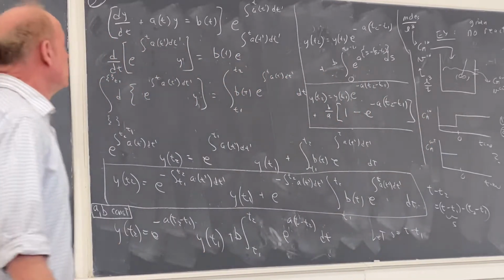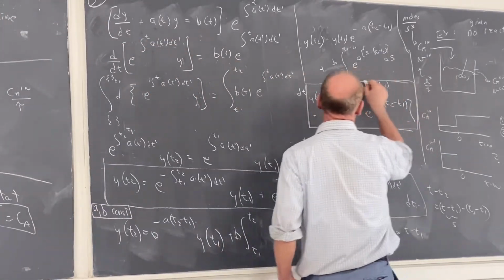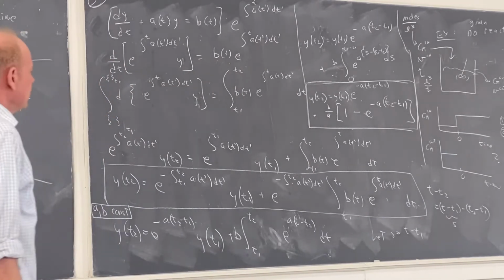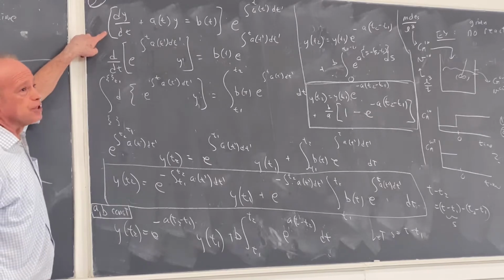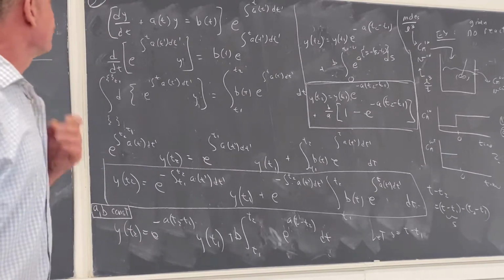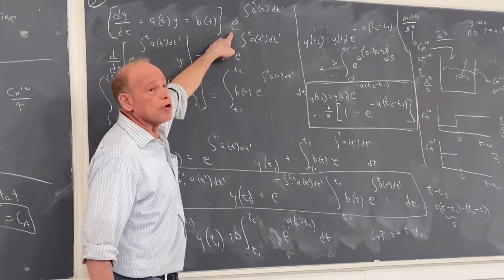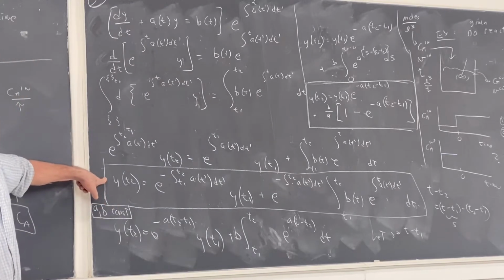Sorry for making it more complicated than it needed to be, but I went through all the steps somewhat rigorously. Okay, so let's just review. We had a first order linear differential equation, which we solved by the method of integrating factor. Here is the integrating factor in its most general form. When we did it in the most general form, we got this equation right here.